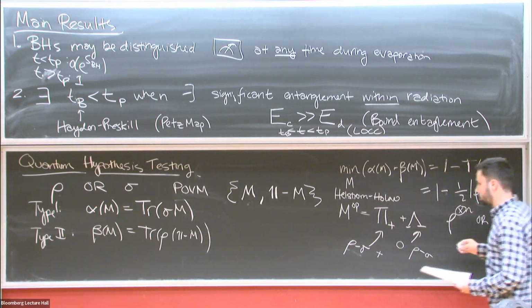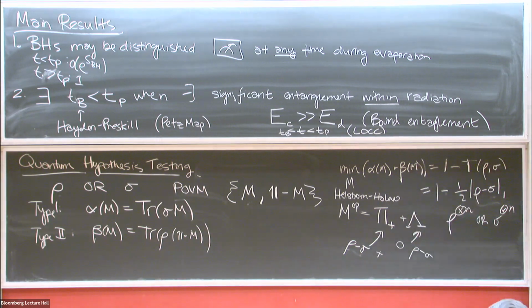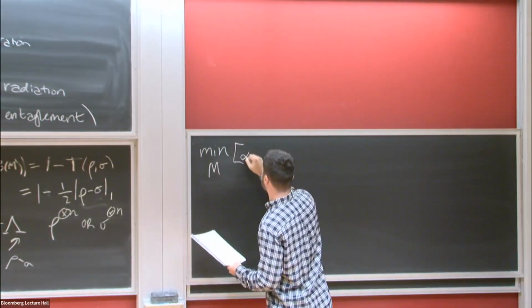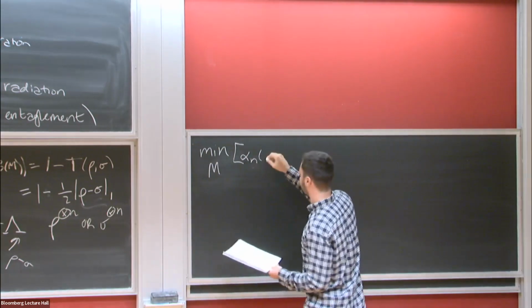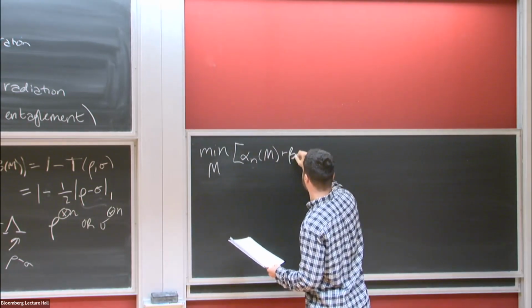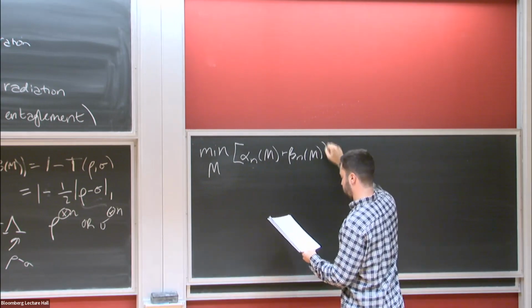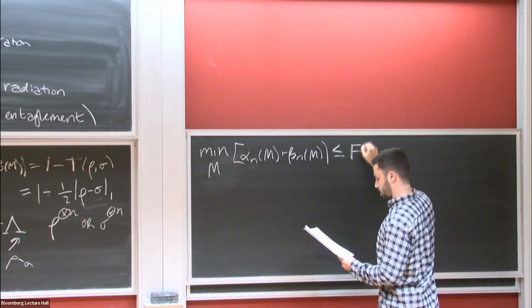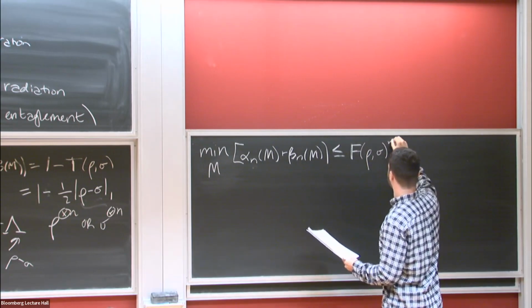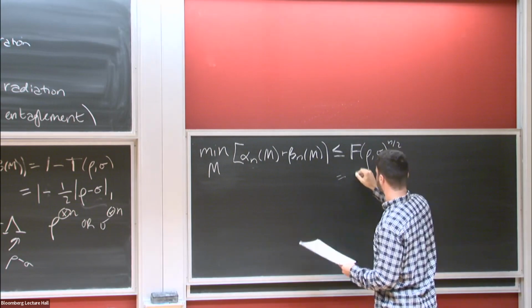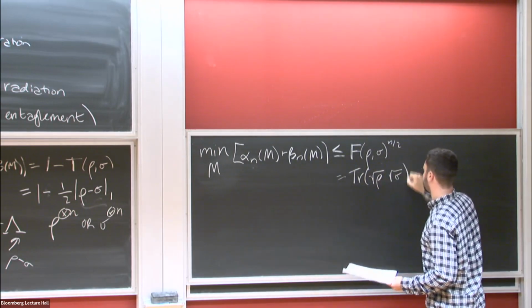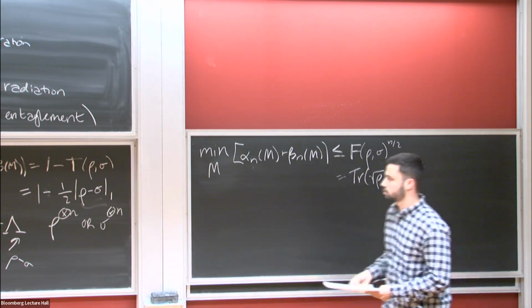The one that I'll just mention now is the fidelity, or a certain fidelity. If I give you n copies, this will upper bound this fidelity to a power, which is just explicitly given in terms of these density matrices like this. And we can compute things like this.